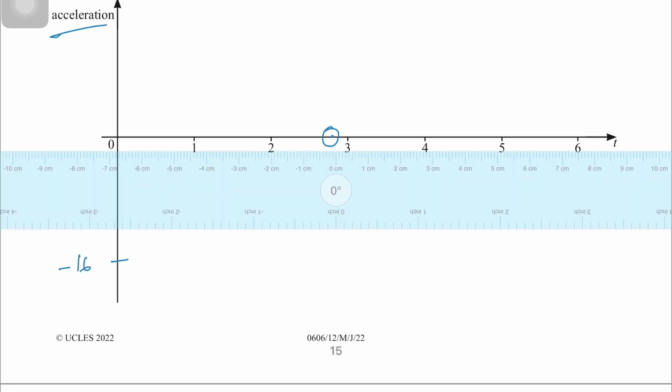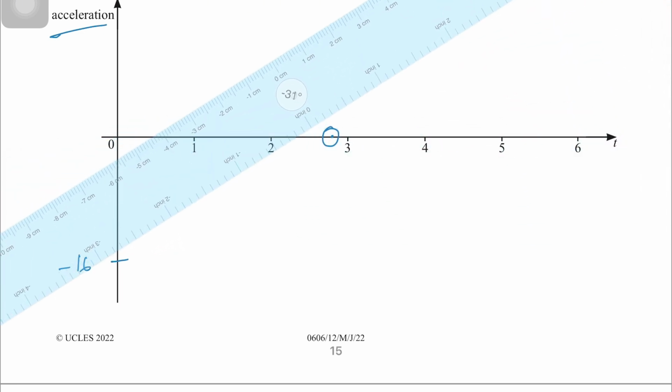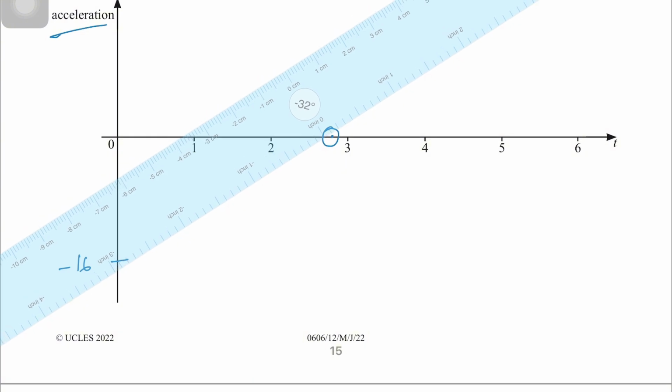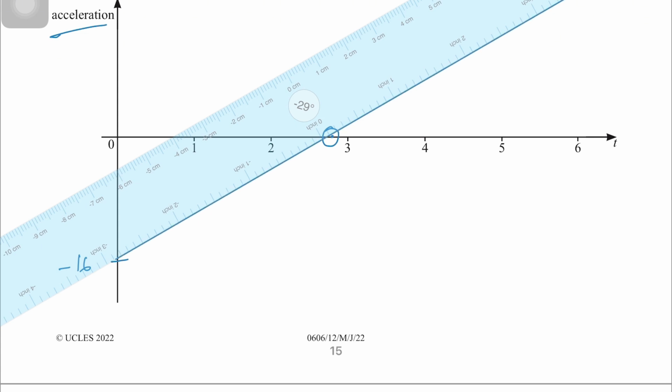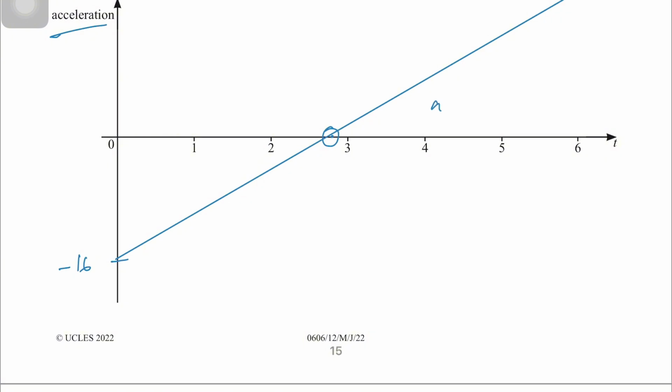Let's use a scale and draw a line. So this is basically this, right? So this is our acceleration line. Acceleration is equal to 60 minus 16t, right? So this is it, and I guess this is it from my side.